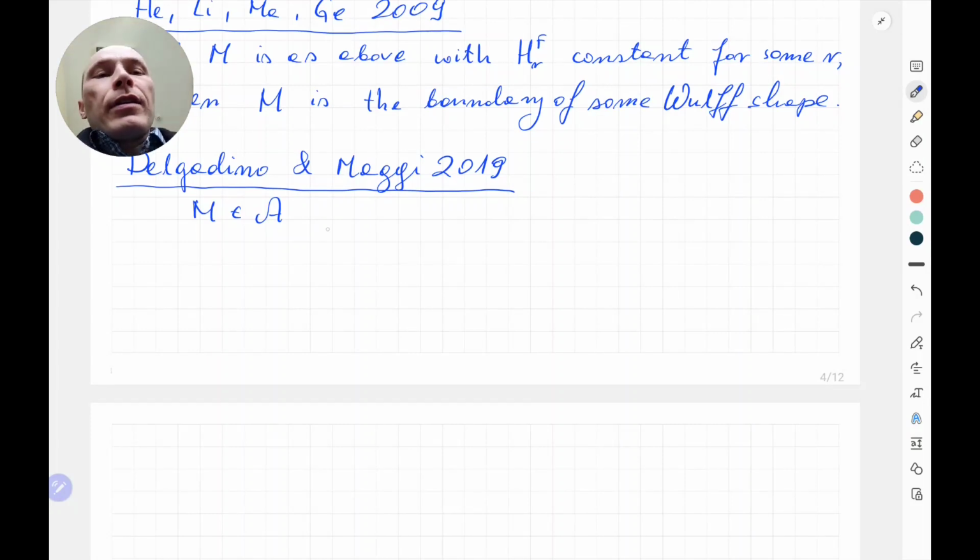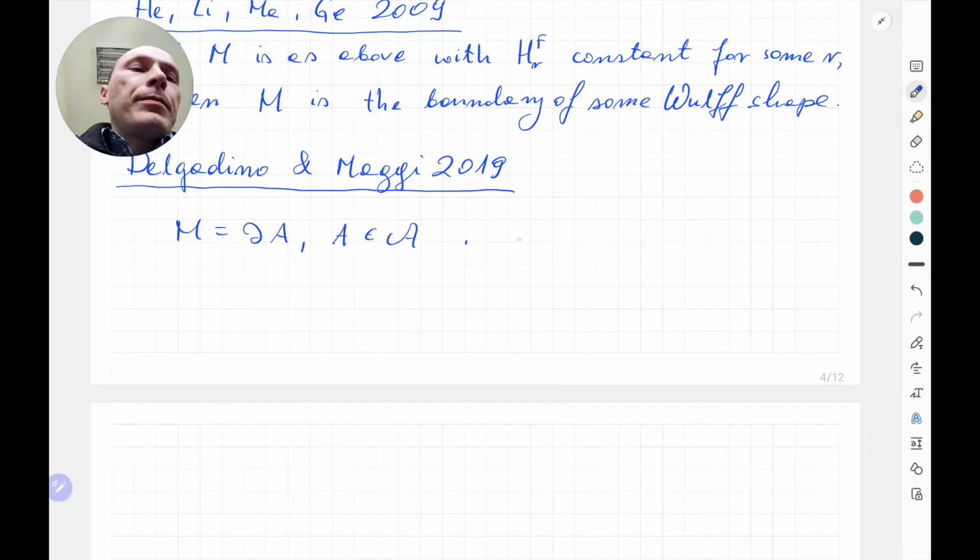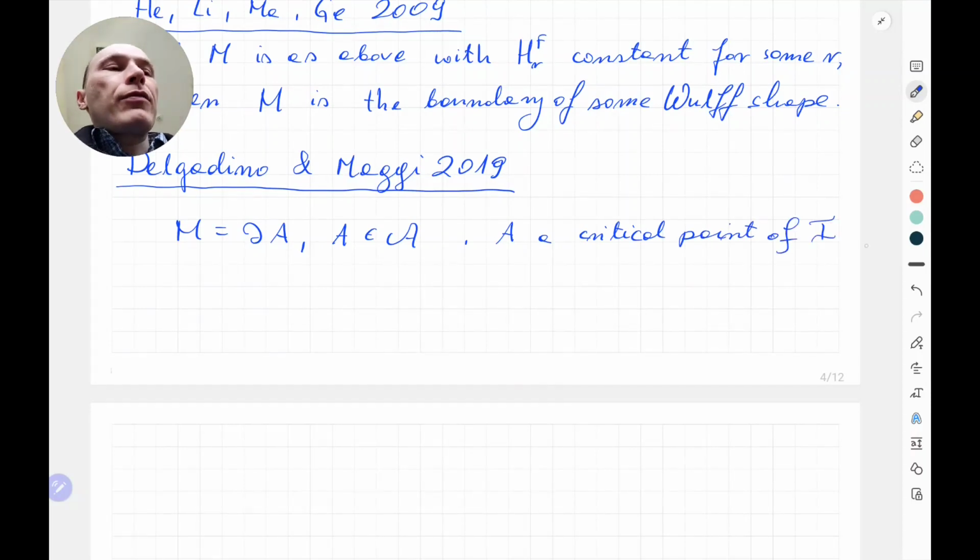and being critical, so okay, maybe M equals the boundary of A, with A in the class, and so A is a critical point of the isoperimetric functional, but without F. This result is only for the Euclidean norm. So I omit this F here, and I mean that I is the Euclidean isoperimetric functional.